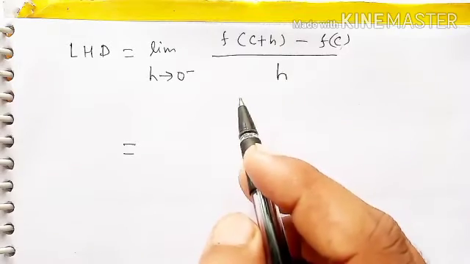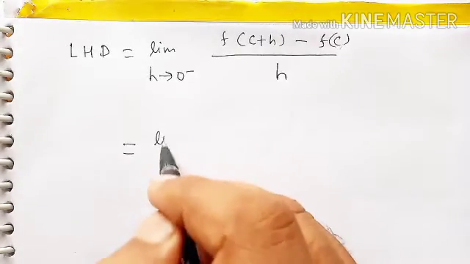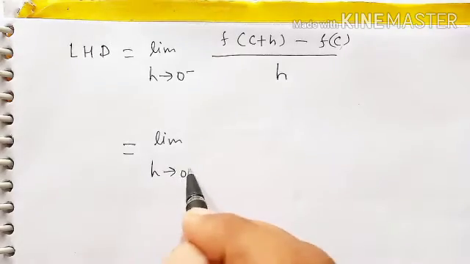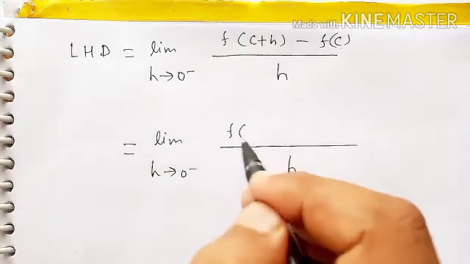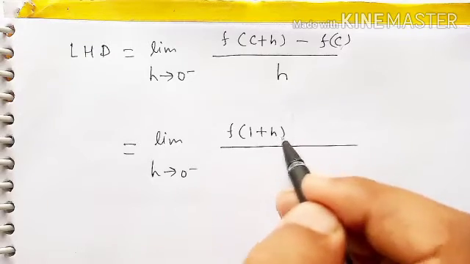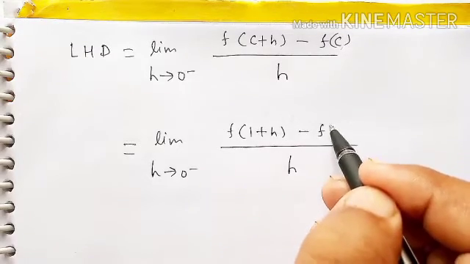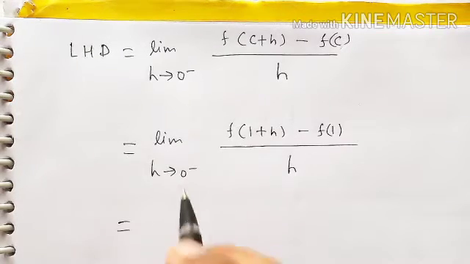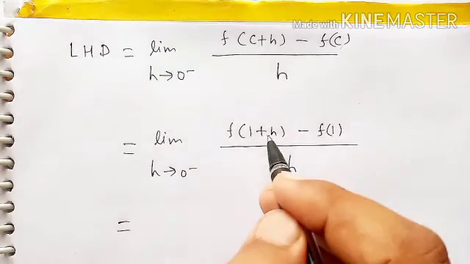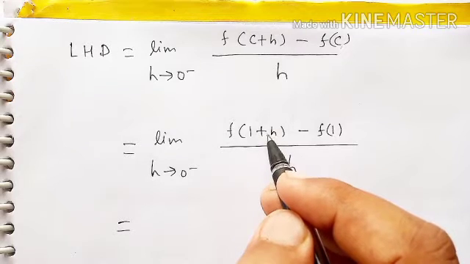This is the way to remember. Limit h tends to 0 minus. Here we write c is 1. 1 + h minus f(1). Here h is negative, so 1 + h is less than 1.